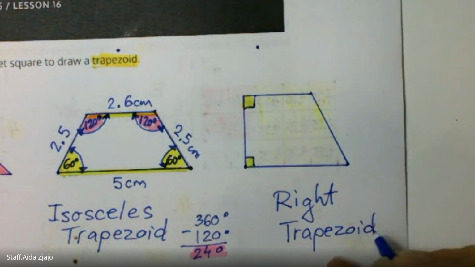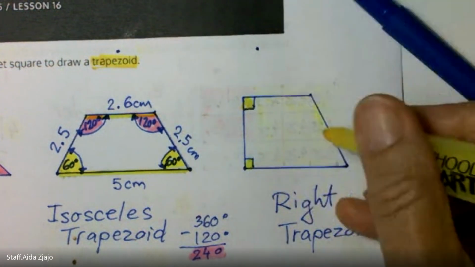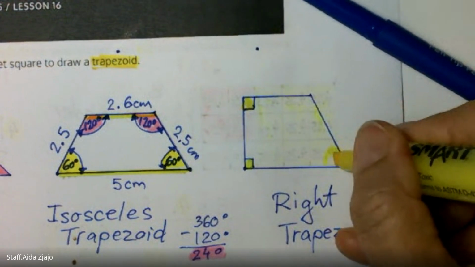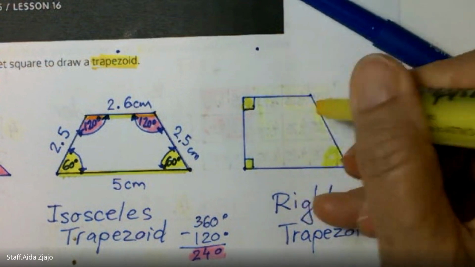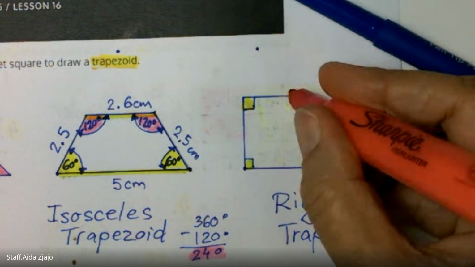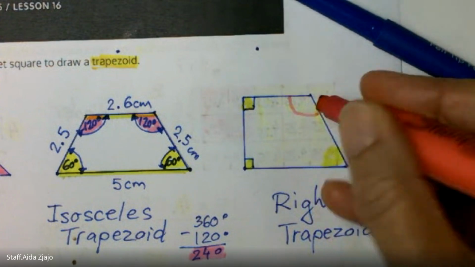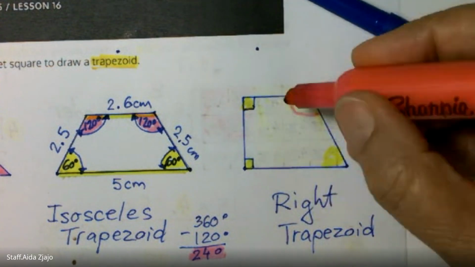It has one acute angle, one obtuse angle, and two right angles.